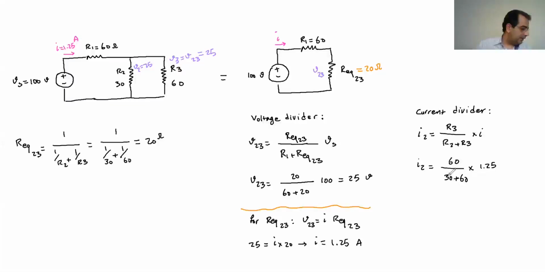So it's going to be I2, and then we can do the same for the I3 as well. So you can say I3 is going to be R2 divided by R2 plus R3 times I, which comes out as R2, which is 30, divided by 30 plus 60 times 125. And then you can find the I2 and I3 directly without using the voltage.